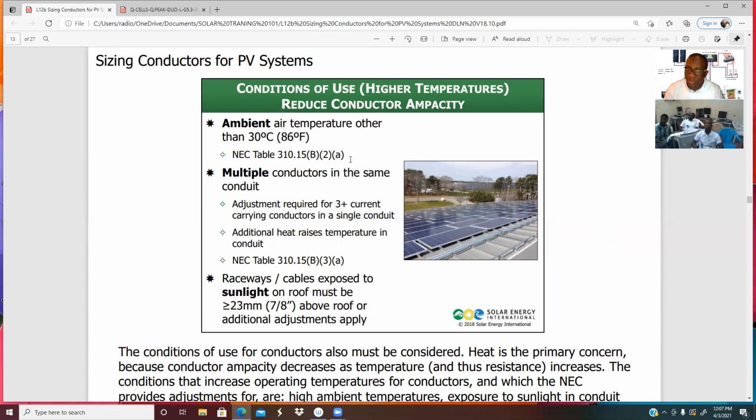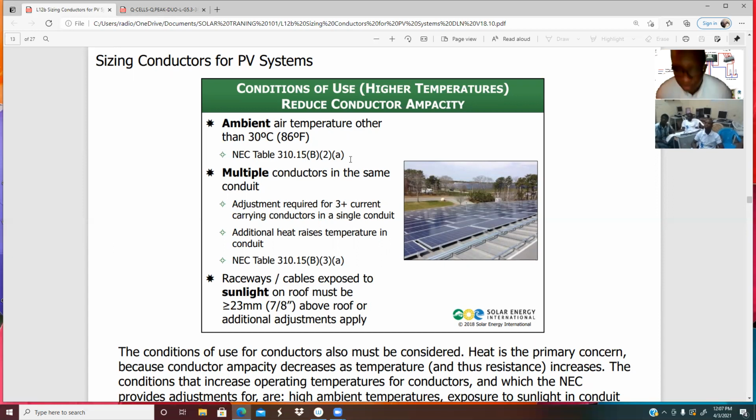But what they are saying here is that having more than three conductors in one conduit, all generating heat, raises the ambient air temperature in that conduit. You got it? If you have one conductor running through a conduit, it will have more space to breathe.